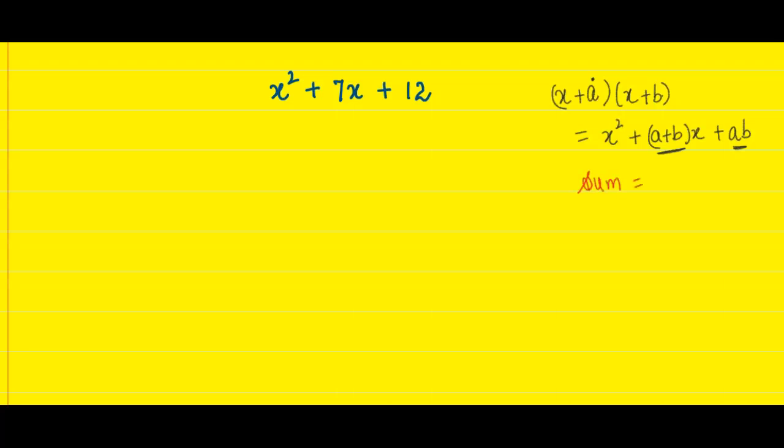So let's split 7 in such a manner. We know 7 can be written as 3 plus 4, which is equal to 7, and 12 is also equal to 3 times 4. So that means we have to split the middle term into two parts, that is 3x and 4x.